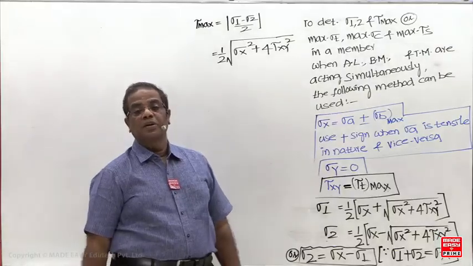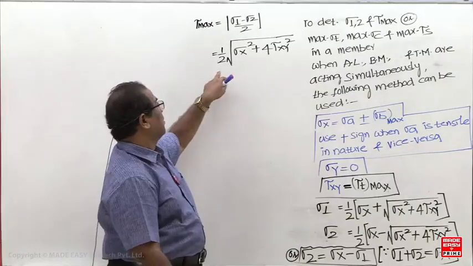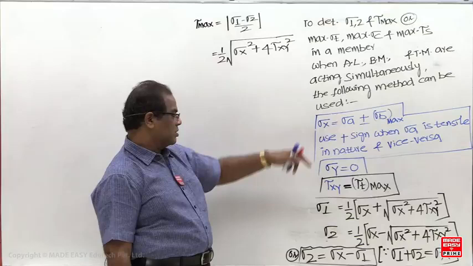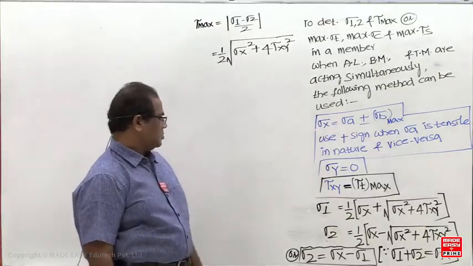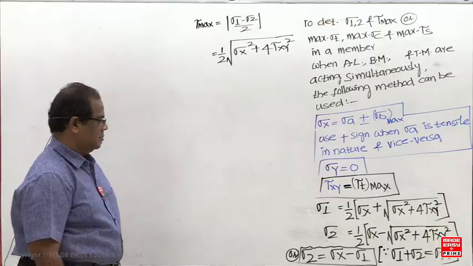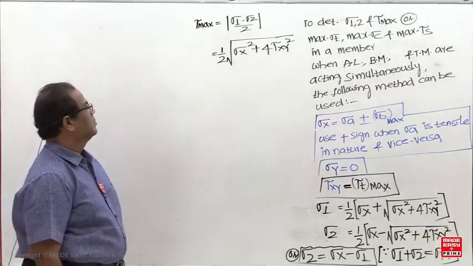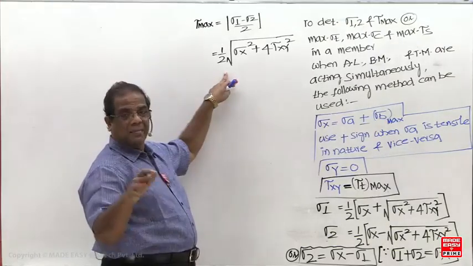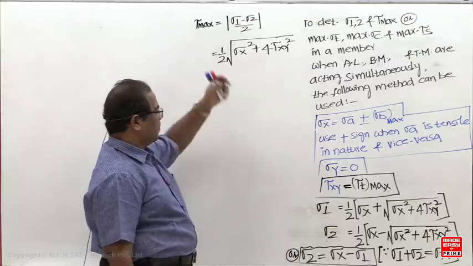So in-plane tau max is given by the radius of the Mohr circle. So if you ask directly maximum shear stress, you can go for this.